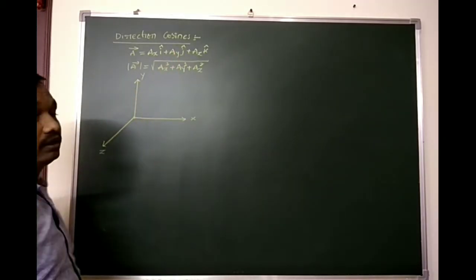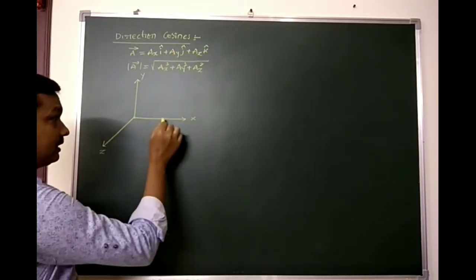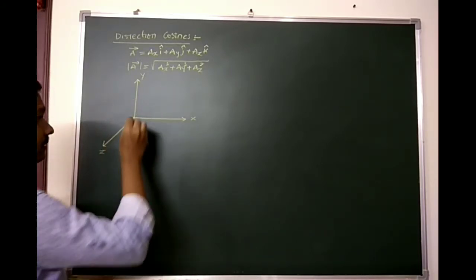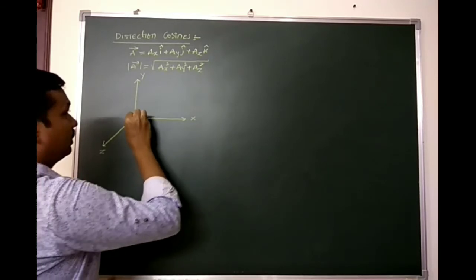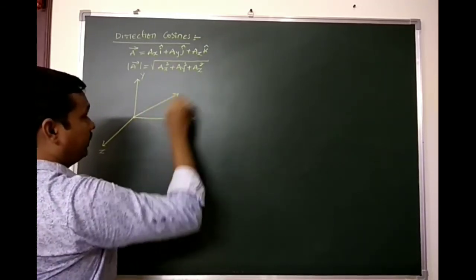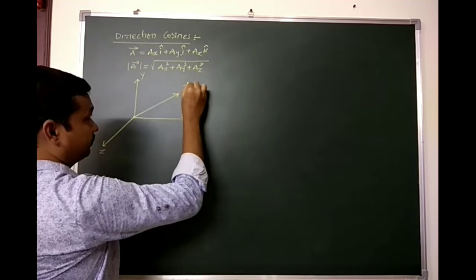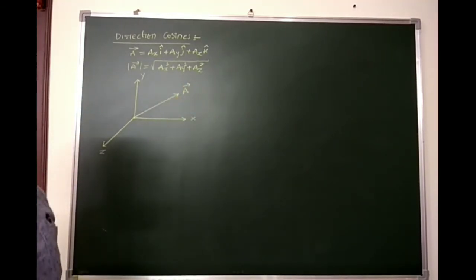Here is the point. Those are the magnitudes representing the components along the x-axis, y-axis and z-axis. So here, this is the vector A. Actually, this is into the space.